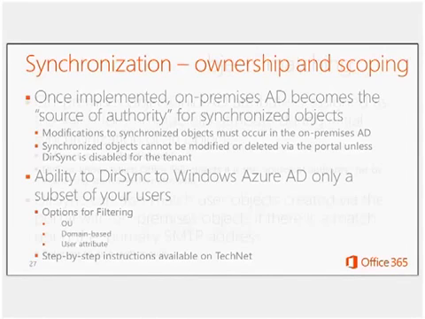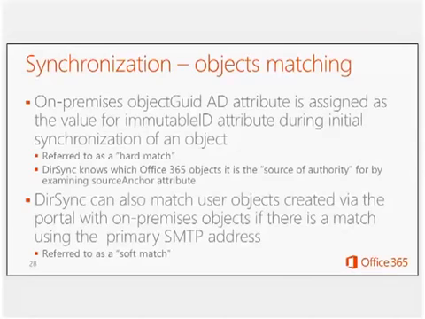So, getting through these text-based slides, powering through it, object matching. I wanted to talk a little bit about hard match and soft match because it does come into play quite a bit when you think of piloting the service. You have a ton of users who you've built on cloud IDs, and now it's time to DirSync. The ability to do that is in play, and it's referred to as a soft match.